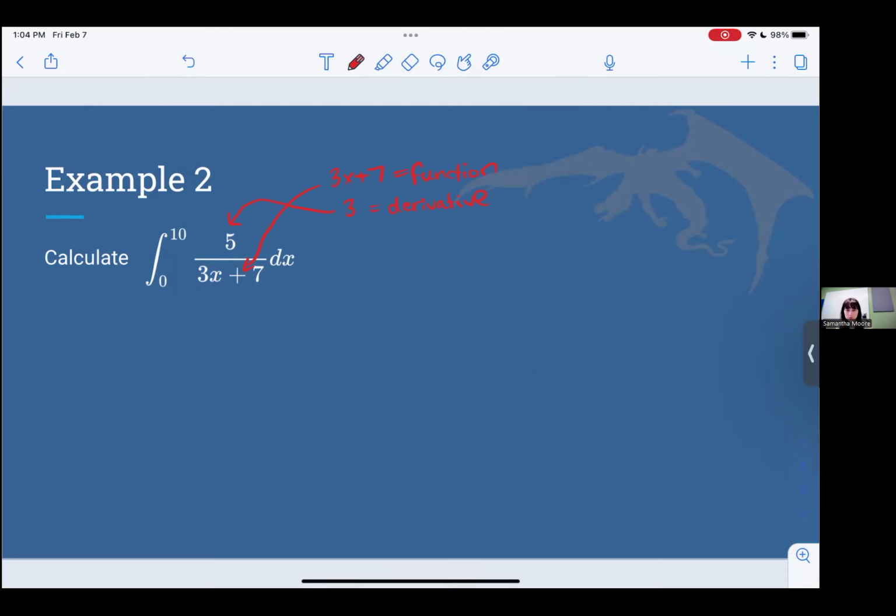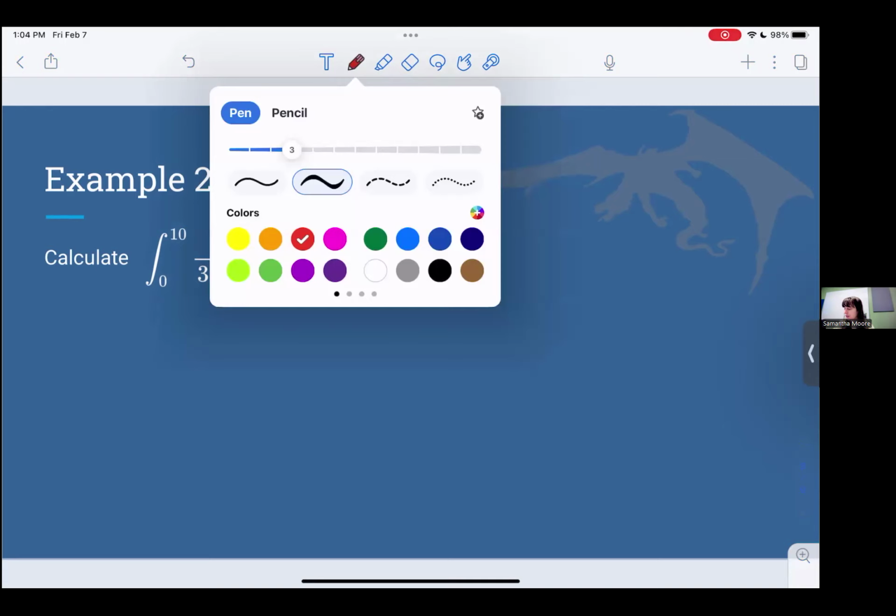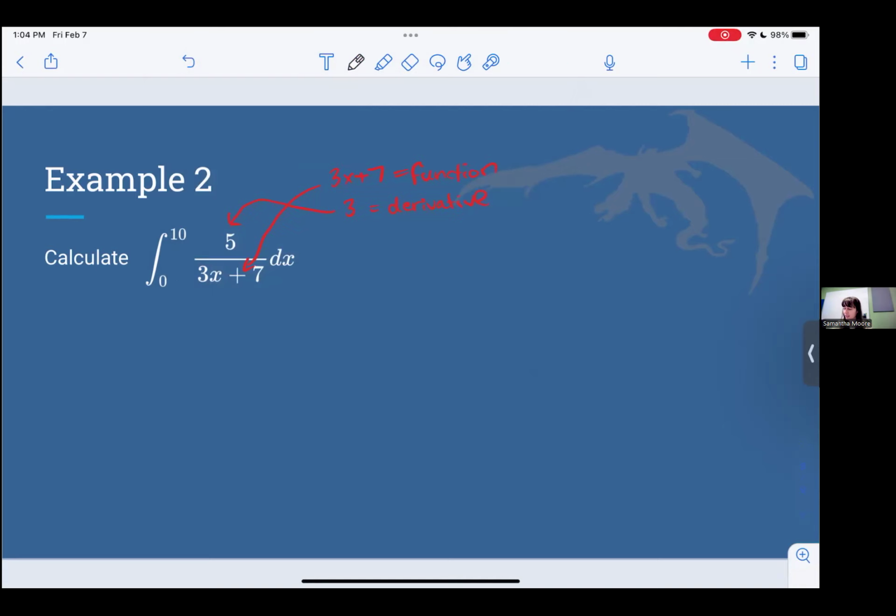So we are going to be able to do u substitution here. And per our hint, we should let u be the function. So we're going to replace 3x plus 7 with u. So let u be 3x plus 7.